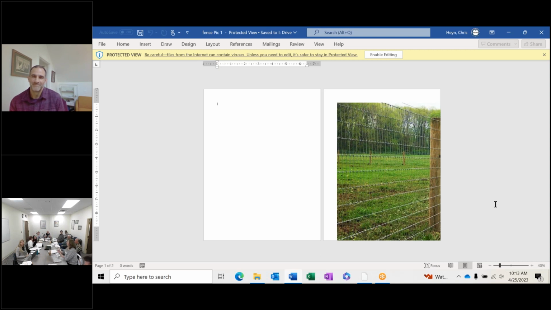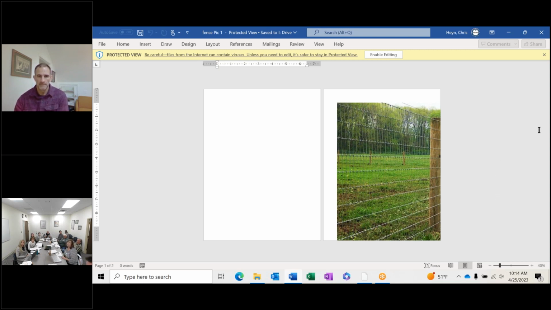I like that idea of having the opaque fencing that we talked about last week. So this is called agricultural fencing, which is the company that we're working with. This is what they've proposed to us: a wooden post with this type of wire. Technically, it's not opaque.